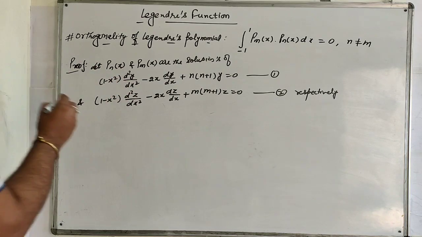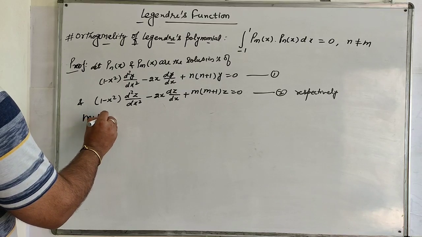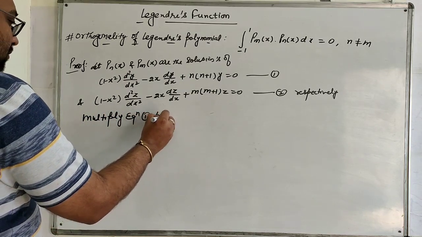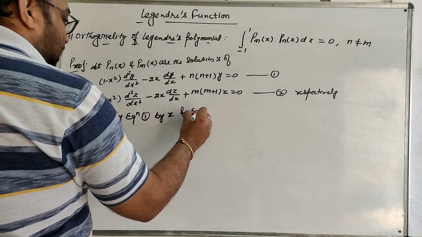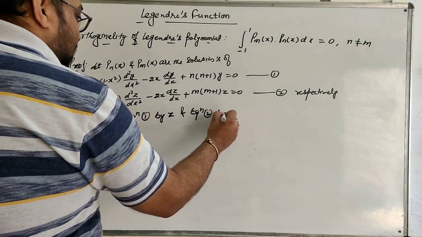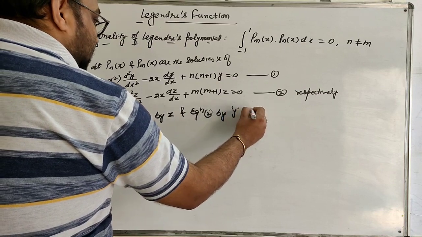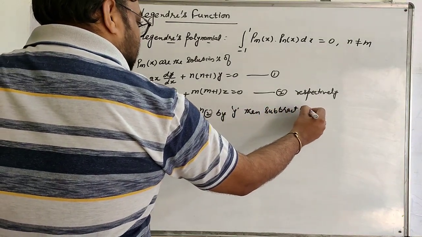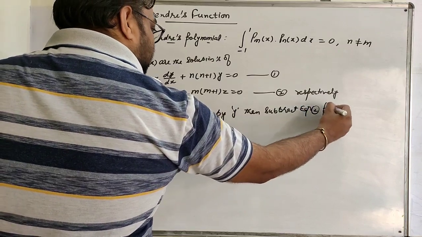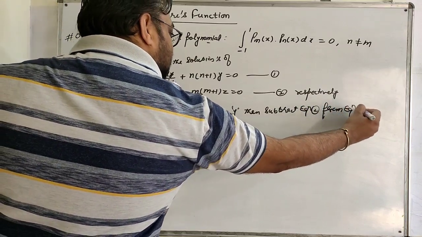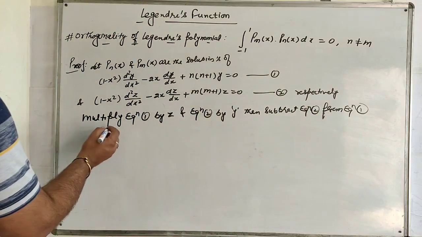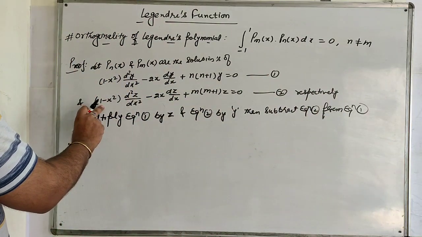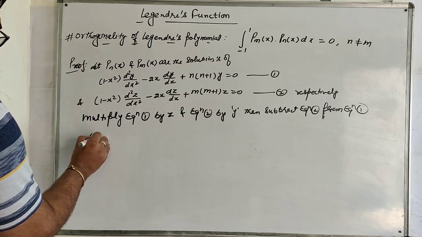We have to multiply equation 1 by z and equation 2 by y, then subtract equation 2 from equation number 1.